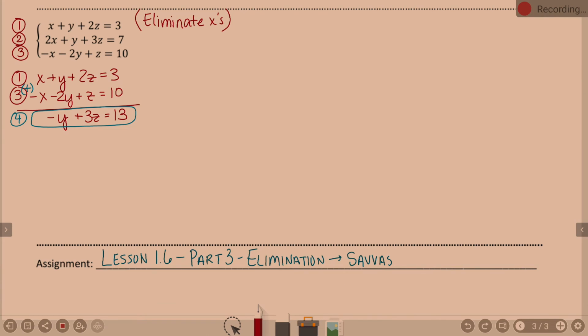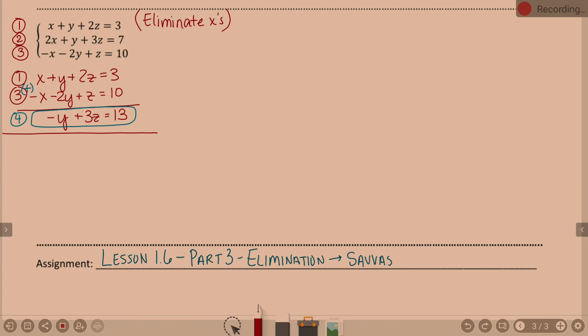Okay. That was 1 and 3 we used. We need to eliminate x's again. 2 and 3. I can handle 2 and 3. Okay. We have to do a little extra work. The reason, honestly it doesn't matter, but 2 and 3, at least you already have the opposite signs, right? You already have a positive and a negative, you just don't have them both as 2.